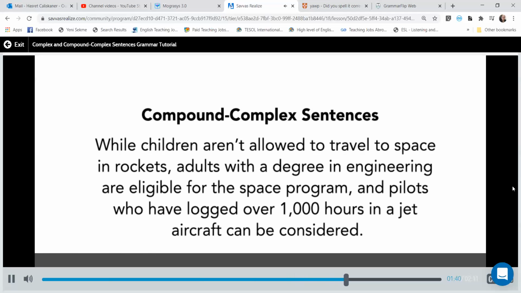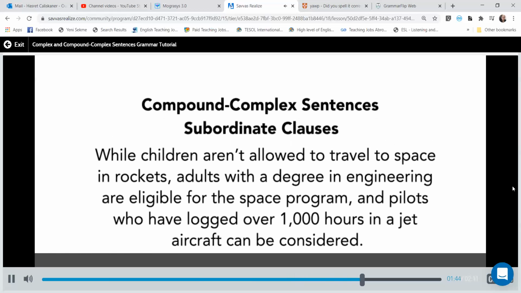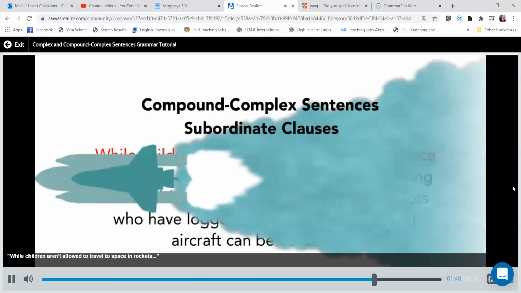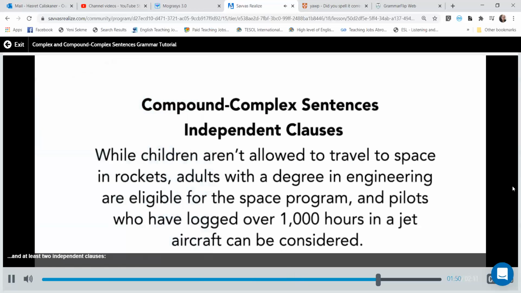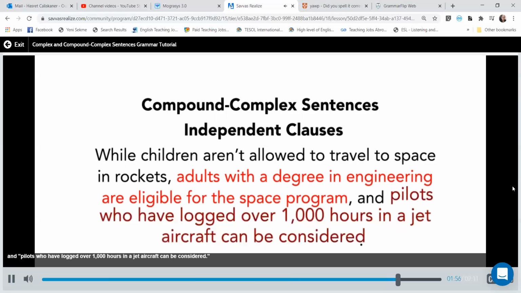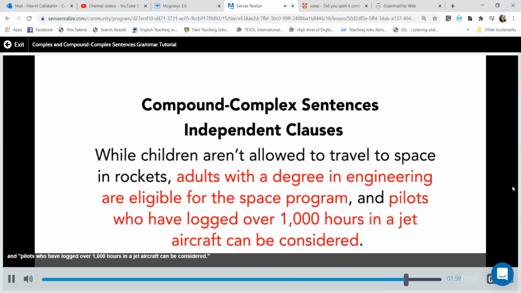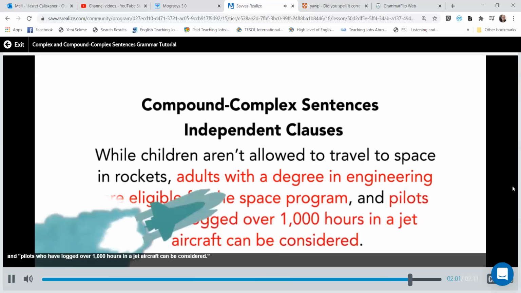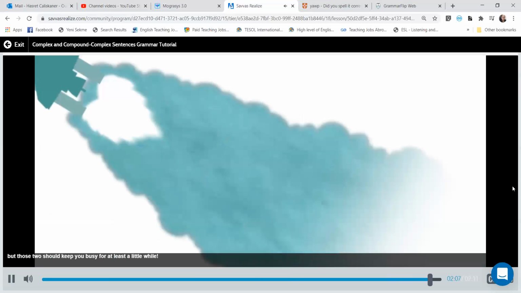A compound complex sentence contains at least one subordinate clause, while children aren't allowed to travel to space in rockets, and at least two independent clauses: adults with a degree in engineering are eligible for the space program, and pilots who have logged over 1,000 hours in a jet aircraft can be considered. There are additional requirements to become an astronaut, but those two should keep you busy for at least a little while. The sky's the limit!